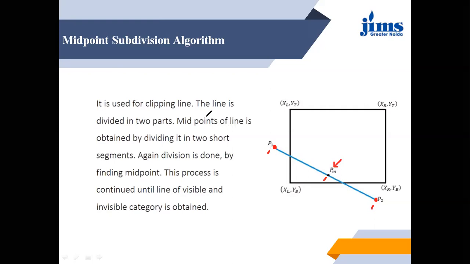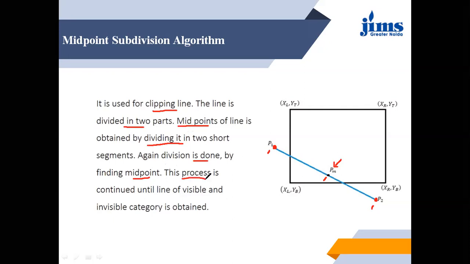So it is used for clipping a line. The line is divided into two parts, meaning we have to find the midpoint of the line by dividing it into two equal parts. Again, division is done by finding midpoints, meaning again and again we have to find the midpoint of the line if it is partially visible.